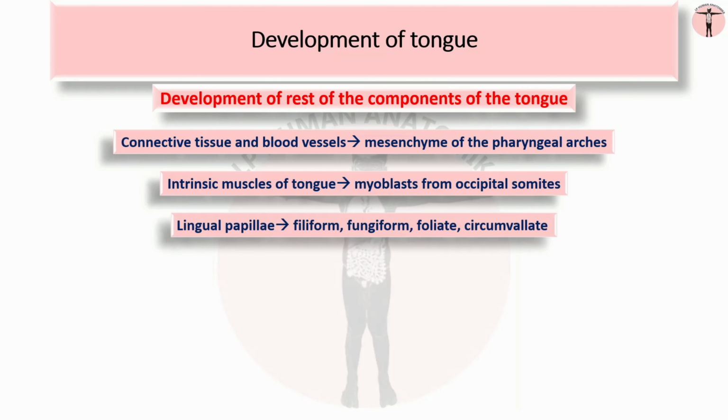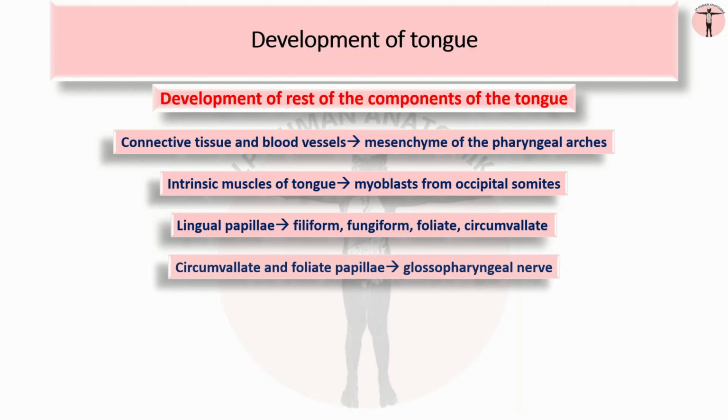The lingual papillae appear by the end of the 8th week. They are filiform, fungiform, foliate and circumvallate papillae. The circumvallate papillae and foliate papillae appear first, close to the terminal branches of the glossopharyngeal nerve.